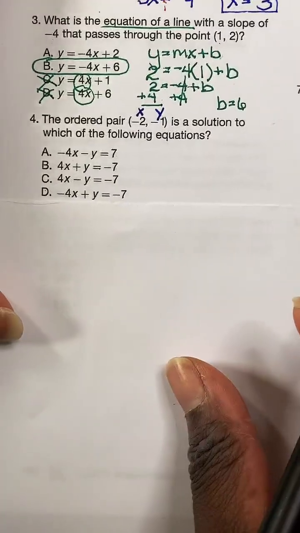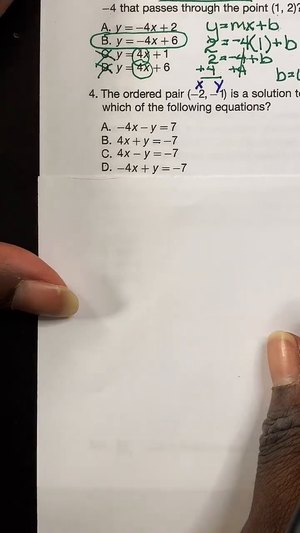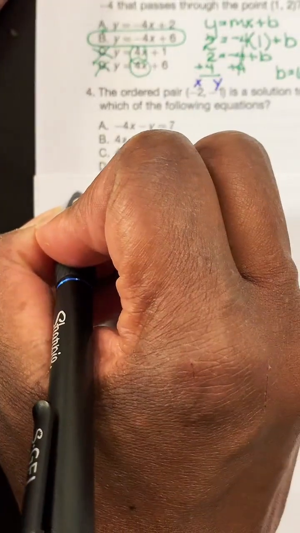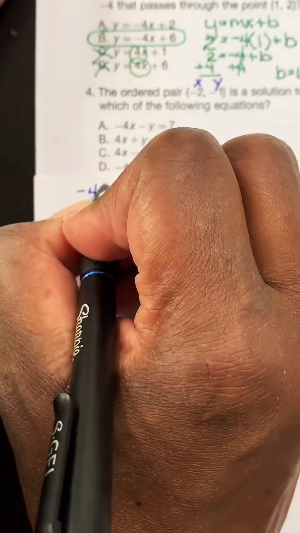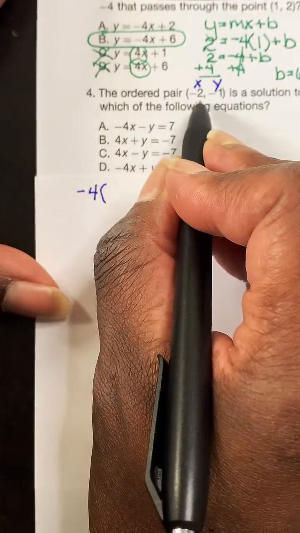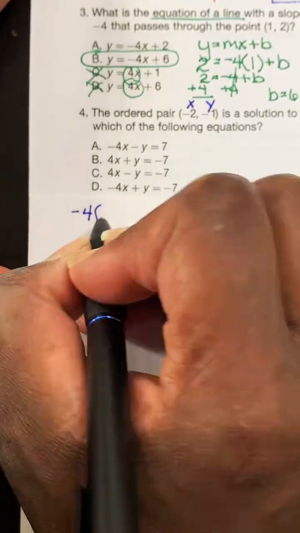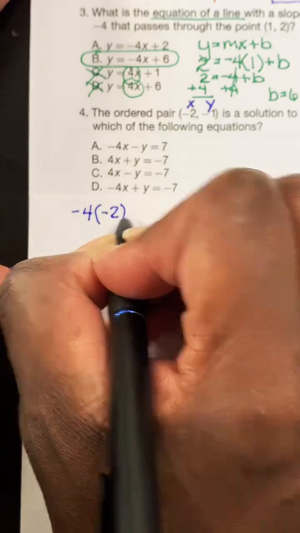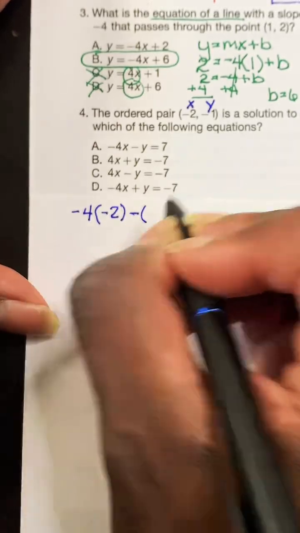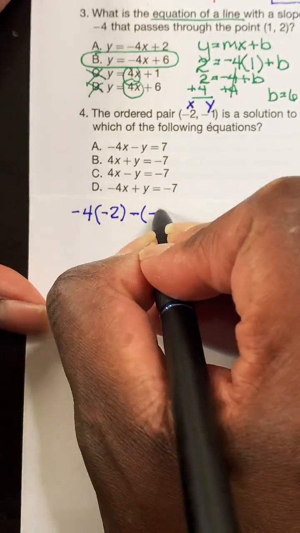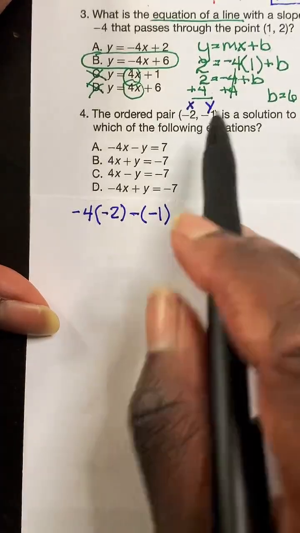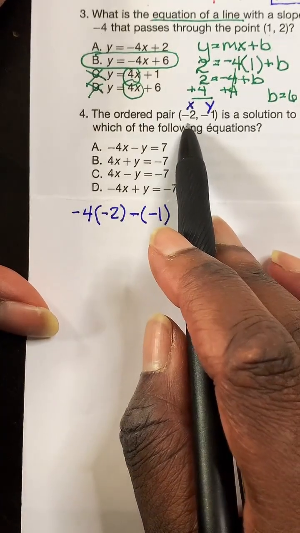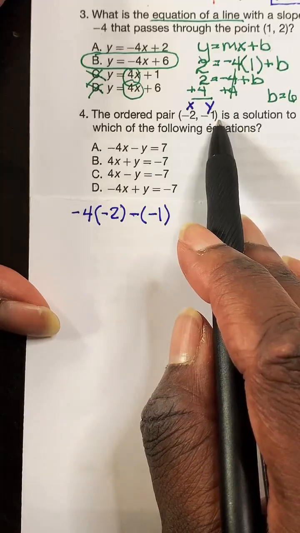So if I plug in the first one, I'm going to see if I can get as much room as I can possible. So we have -4. Instead of an X, I'm going to plug in the -2. Minus, and I'm going to plug in my -1. Okay, these that I'm plugging in are coming from the ordered pair.